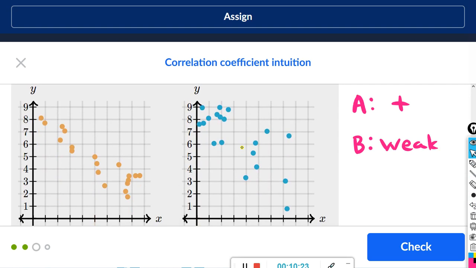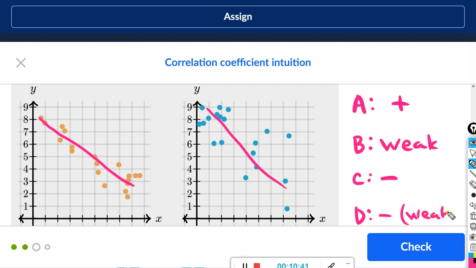If you look at C, that's definitely negative. And if you look at D, that's also negative, but that's weaker. So B was the weakest because I couldn't even tell if it was positive or negative.